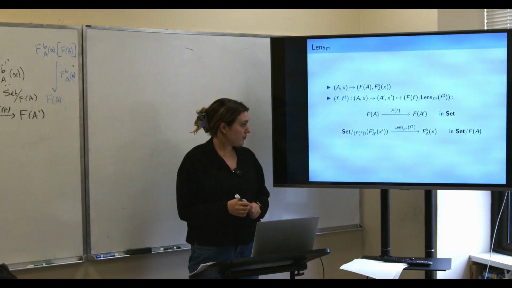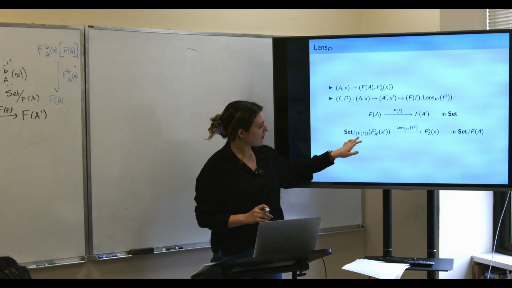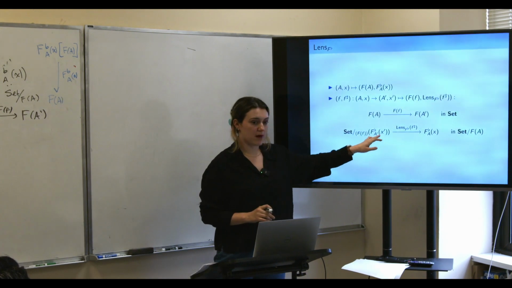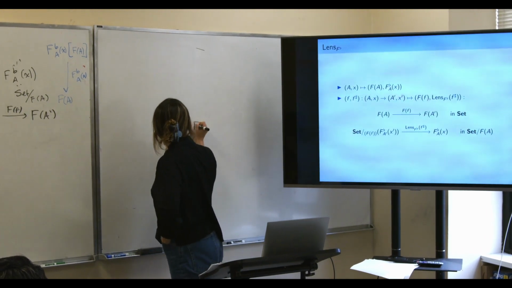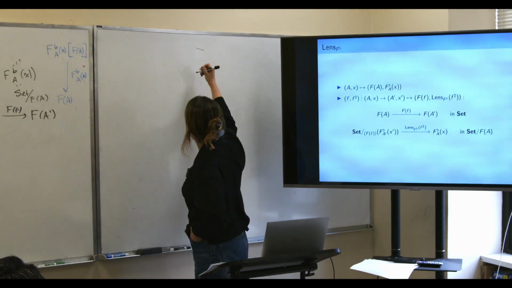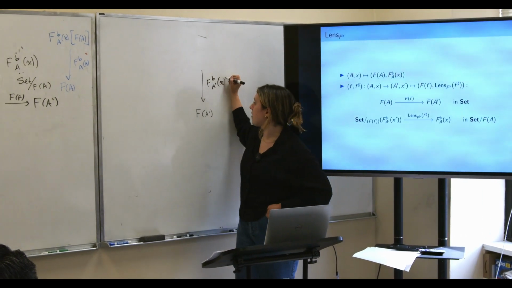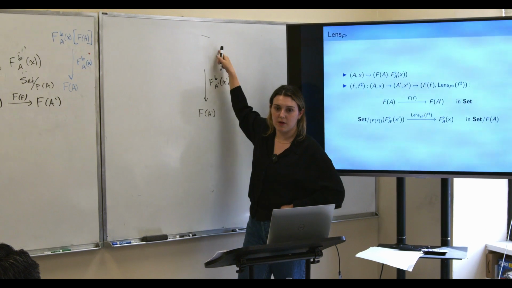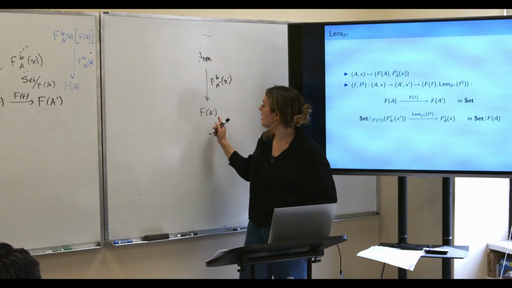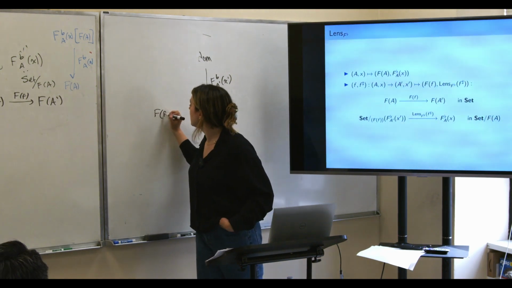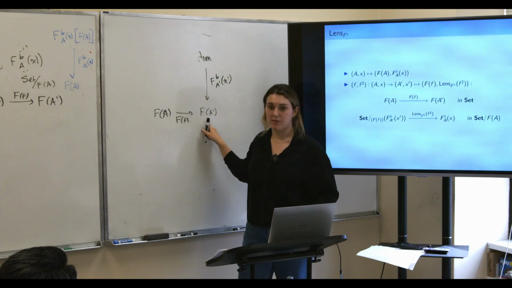Okay, Set sliced over F of f, F flat of A prime X prime, is given by a pullback. So what are we going to have? We're going to have F of A prime and then the arrow F flat of A prime, X prime, and then its domain, which I'm going to write as just domain. And then we have F of f from F of A to F of A prime.